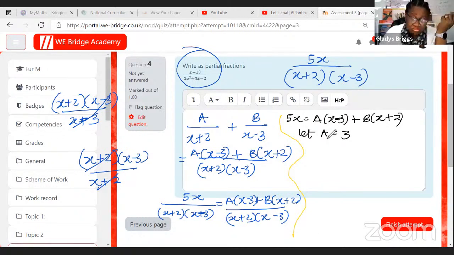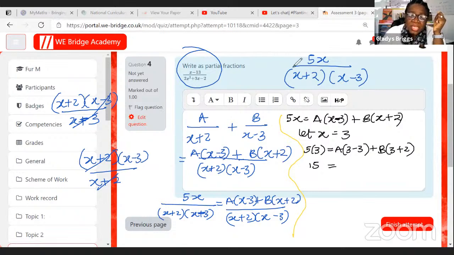Let x be equal to 3. So 5 times 3 is equal to A times 3 minus 3 plus B times 3 plus 2. 15 is equal to, this will cancel out because 3 minus 3 is 0.